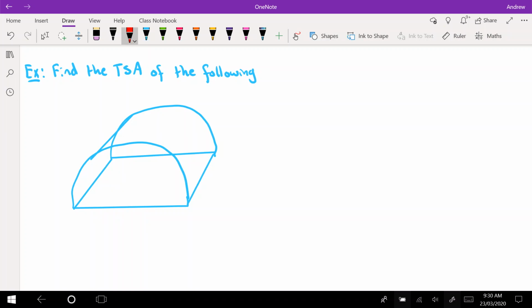For those of you who can understand that, it's half of a cylinder. Okay? Where this length here is 4 centimeters. And this length here is 8 centimeters. Now remember that the total surface area is the sum of all the areas of the external faces of the shape.